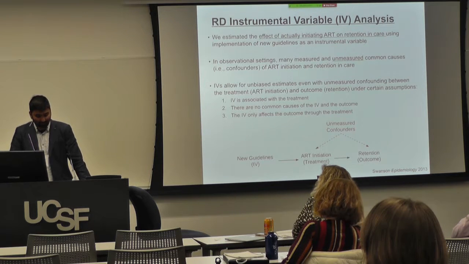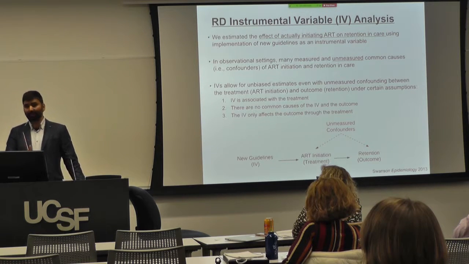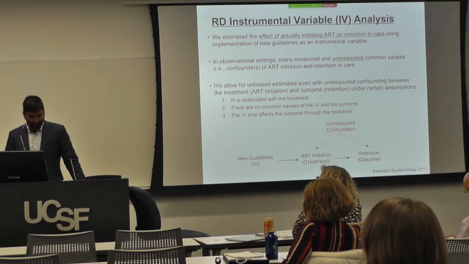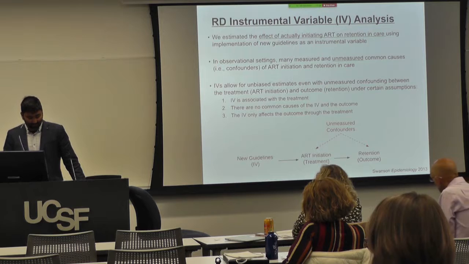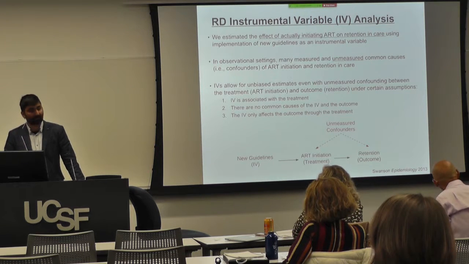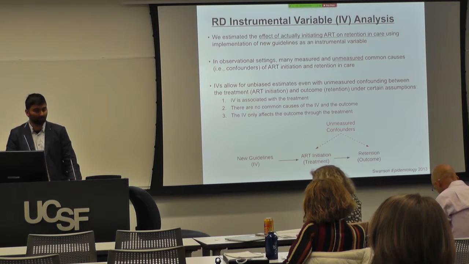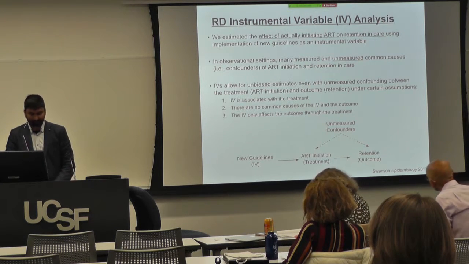And three, the instrument affects the outcome only through its effect on the treatment. So the only reason the guidelines would affect retention is through more ART initiation. And in this situation, we can then estimate the effect of ART initiation on retention in care, specifically for those patients who initiated ART in response to the change in guidelines, which is also called the local average treatment effect.